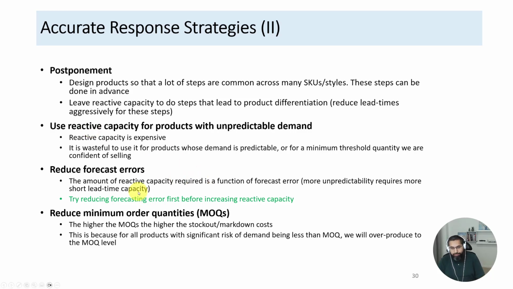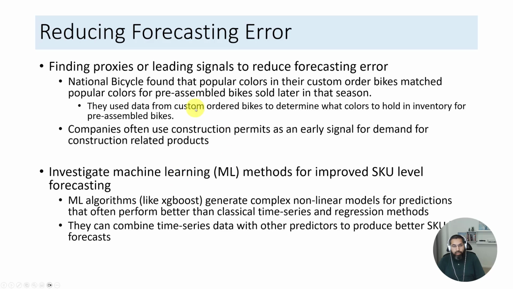Okay. So let's talk about reducing forecast errors a little bit. Sometimes you can use demand data on some SKUs that are selling right now, today, to get an idea of SKUs that will sell in future.